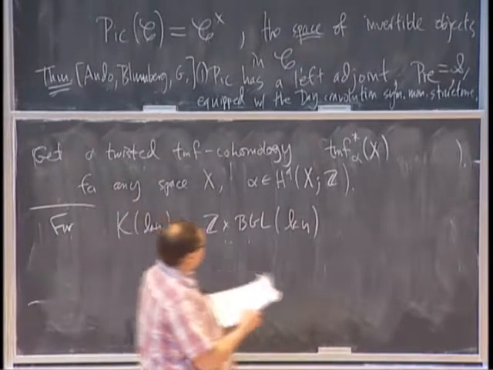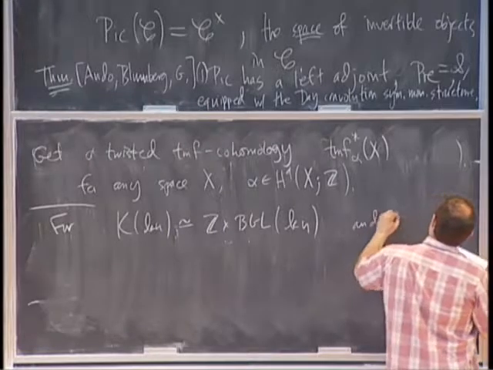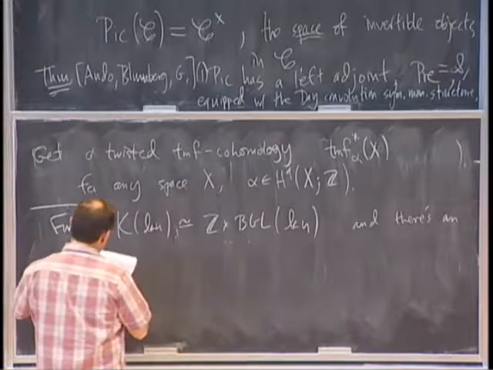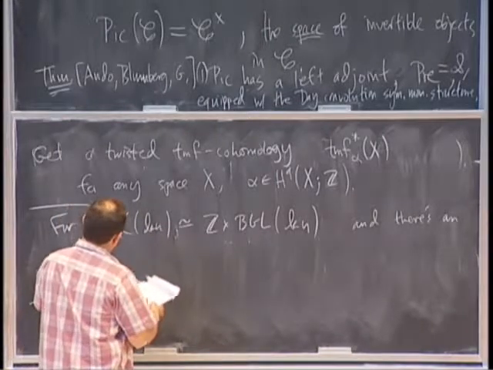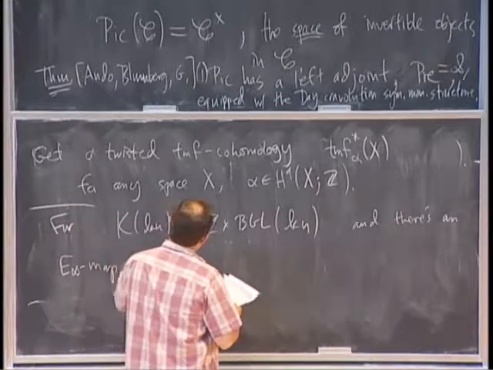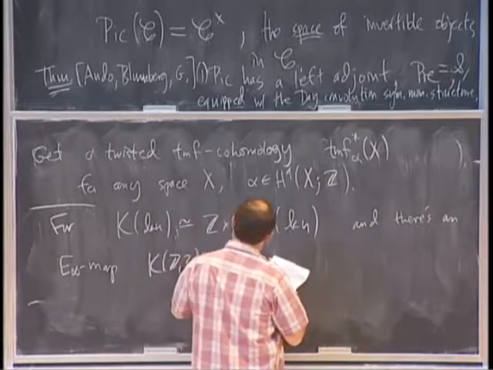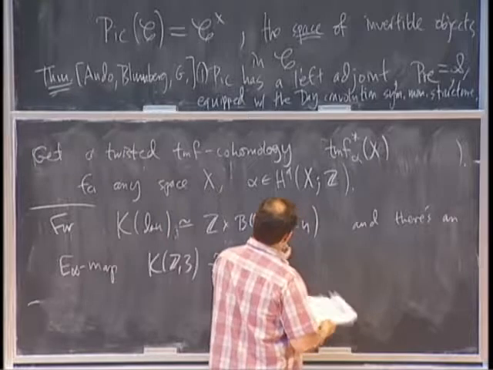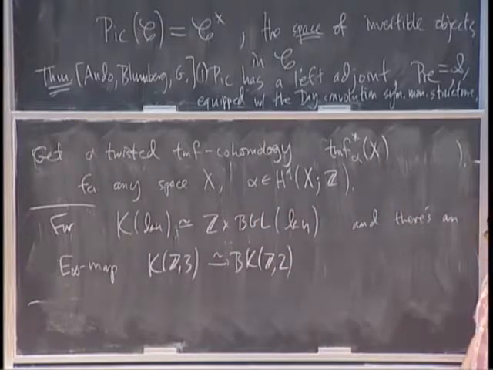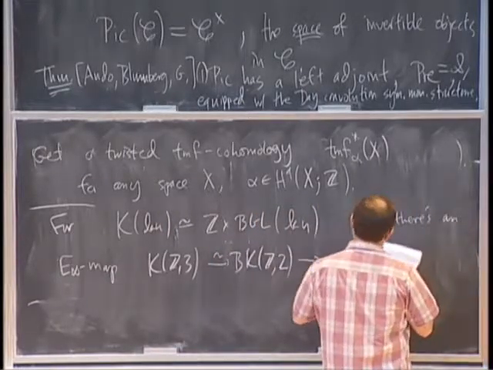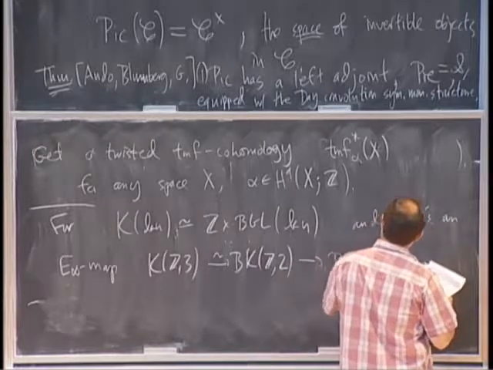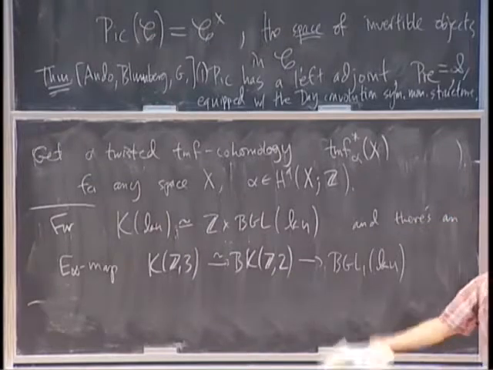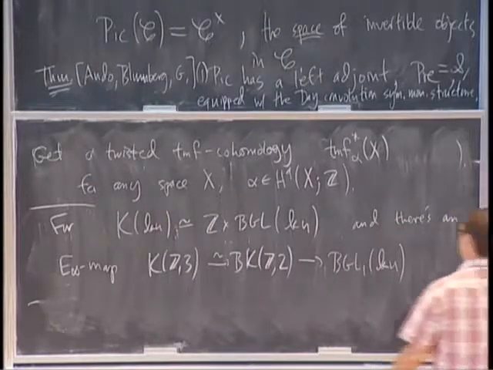And there's an E-infinity map from KZ3, which I'll identify with B of K Z mod 2, K of Z2, which maps into BGL1 of KU by the K-theory twisting that was just discussed.